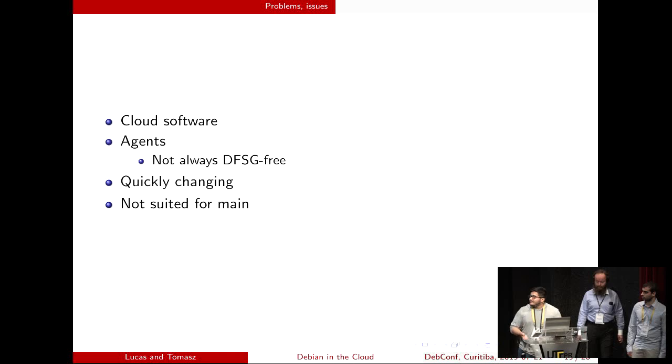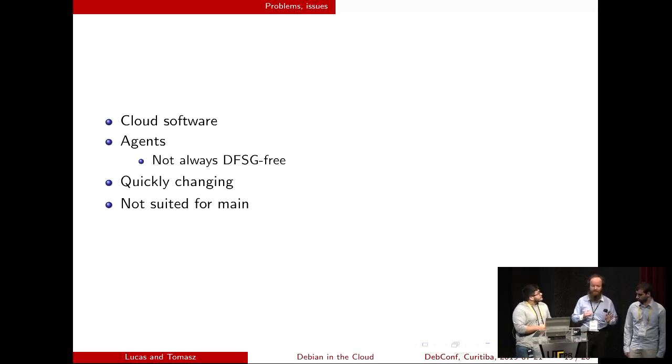So we need to find a way to work that out. We have an exception. For instance, the Google Cloud Agent, we have it in main. It's DFSG compliant, but I think we have some AWS stuff that's not. So basically, there are again differences between different cloud providers.